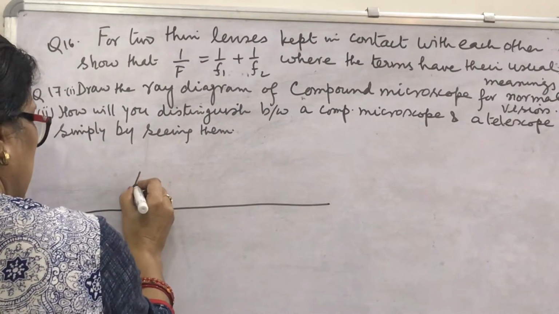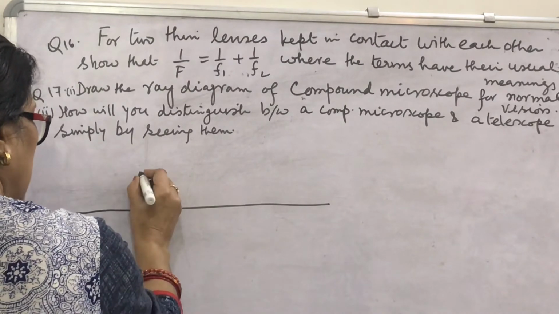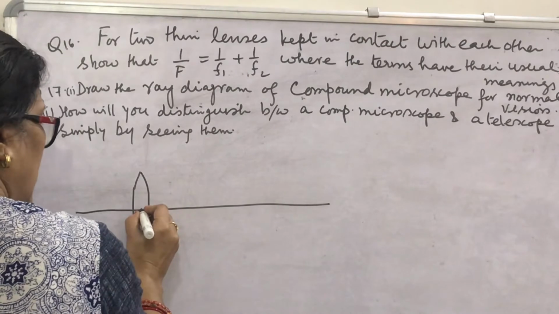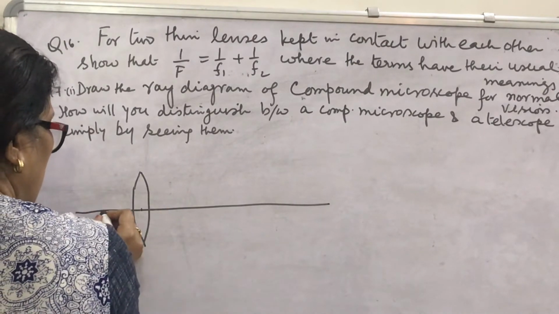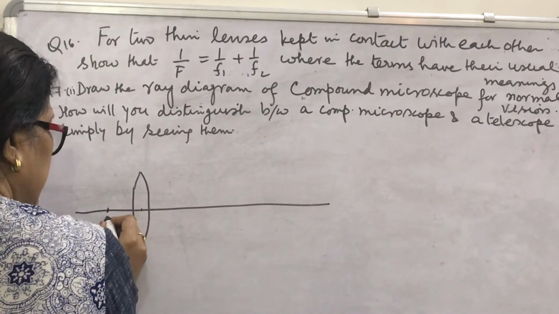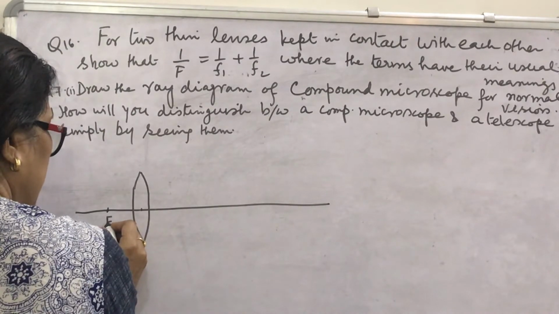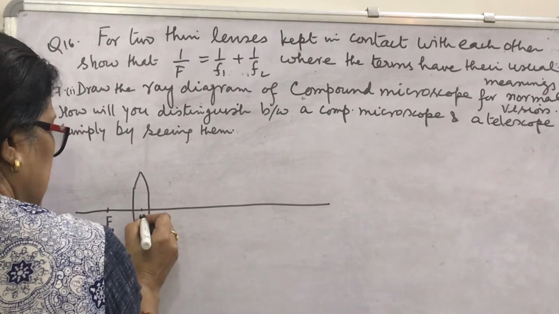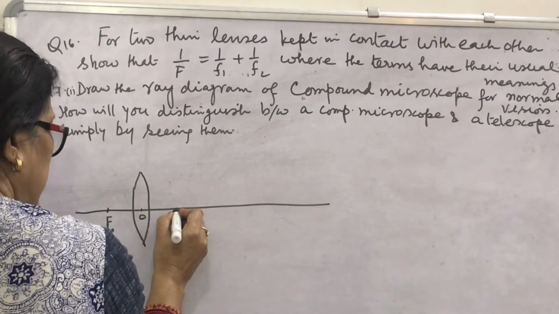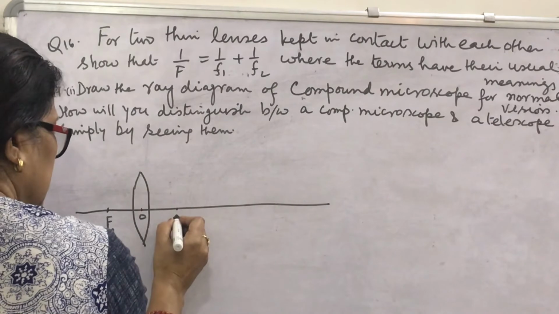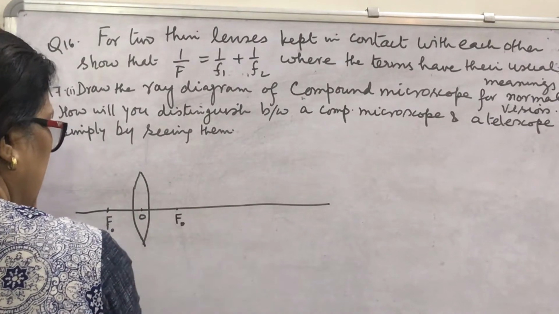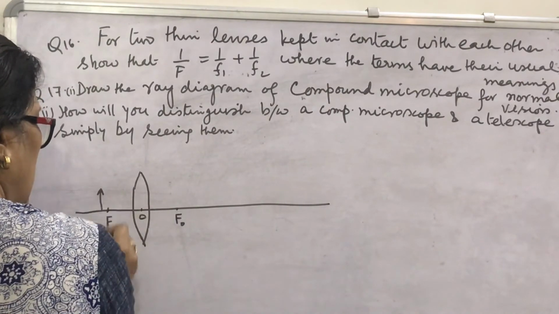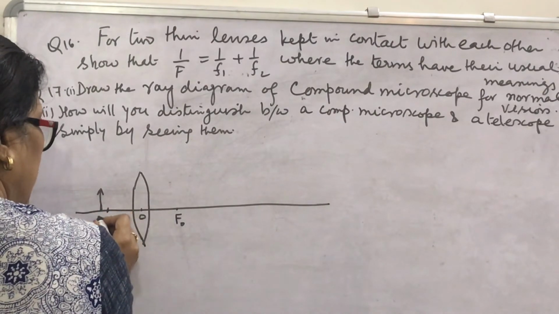This is the smaller lens, and this lens is called the objective. Its focal length, you write Fo. At the optical center O, measure the same distance on both sides, so this is also Fo. Put the object here and name this object AB.